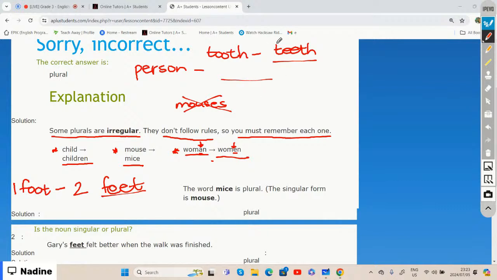Yes. So if we say one person, then there are lots of other people, right?